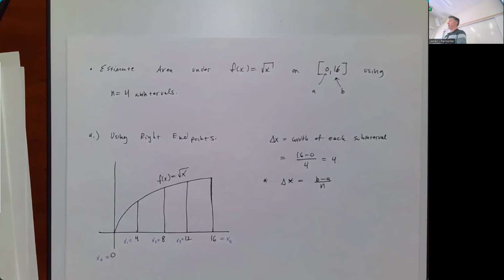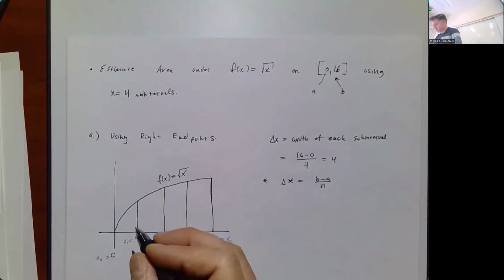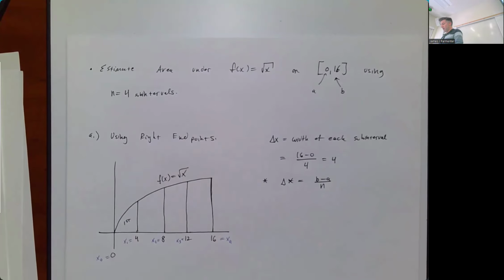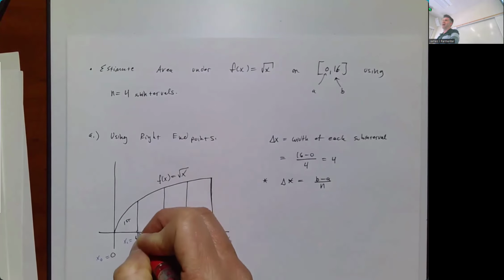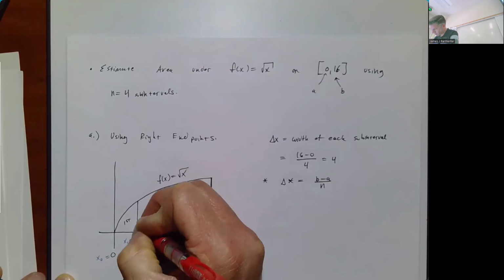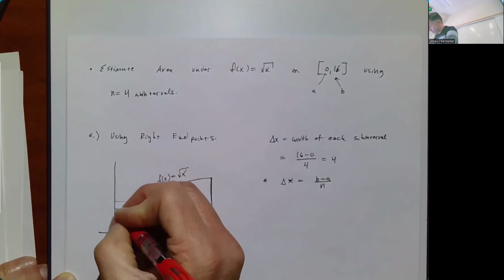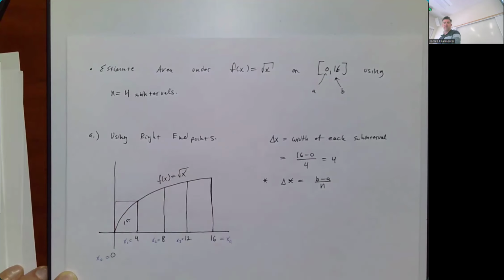If I want to use right endpoints to estimate the area under this curve, what that means is for my first subinterval, I'm going to pick the rightmost endpoint and use that point to find the height of the function. And then I'm going to draw a rectangle with that base and that height. Notably, an overestimate.